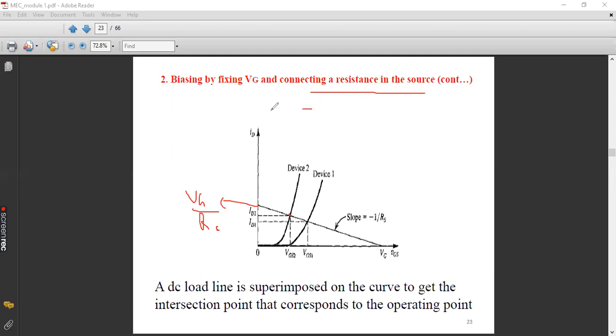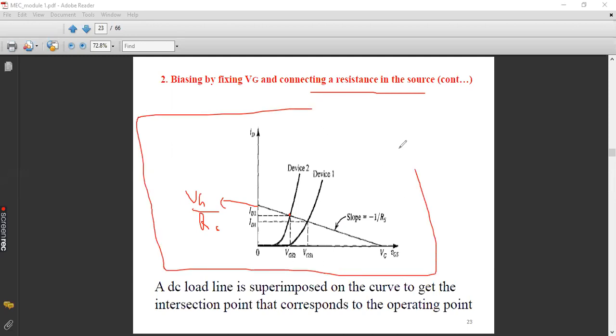So why I have drawn this graph is to study the effect of Rs on the variability of drain current, because I need to maintain the drain current constant irrespective of any variations. So for that, Rs has a critical role because Rs is going to determine the drain current variations. Rs is called the degeneration resistance.